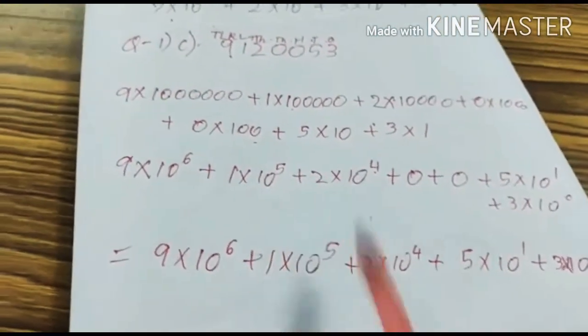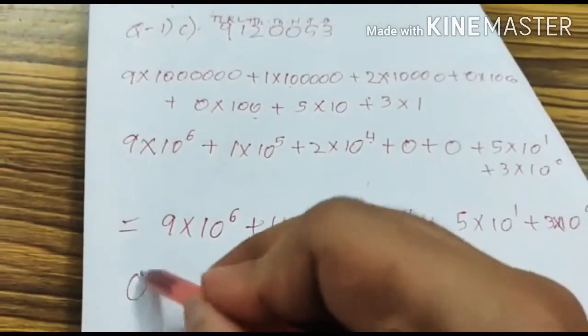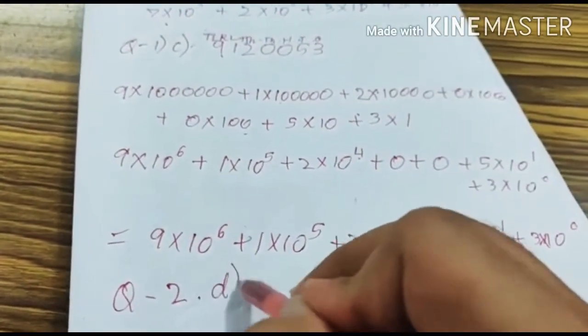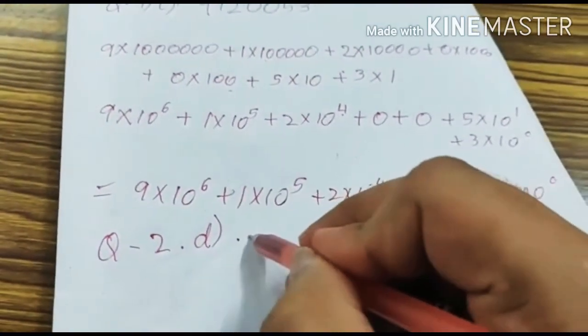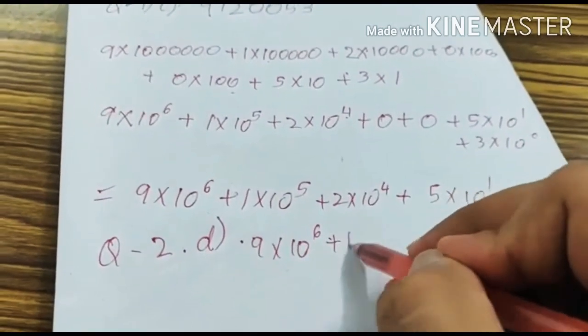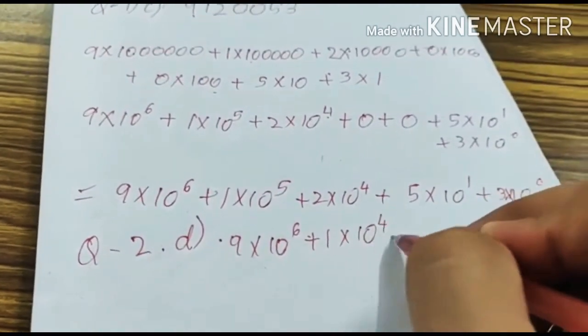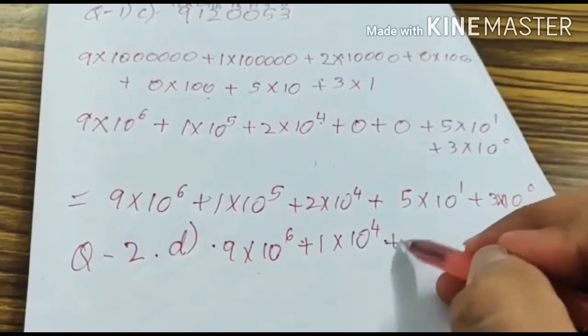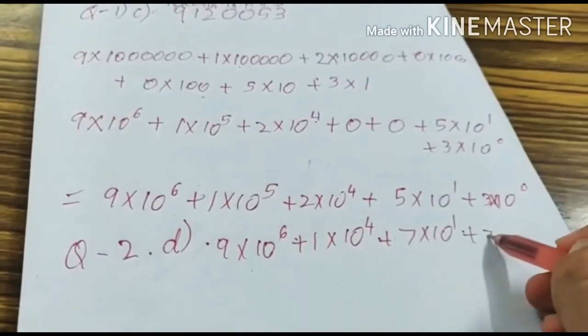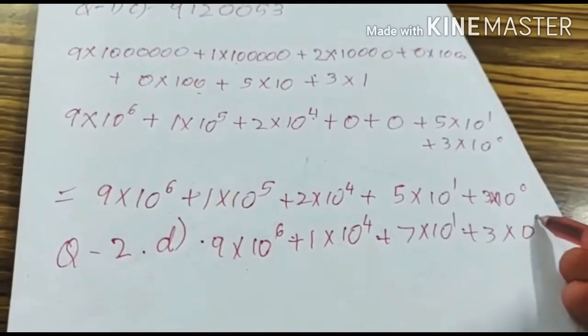Now in question number 2, part D, the question is 9 into 10 to the power 6 plus 1 into 10 to the power 4 plus 7 into 10 to the power 1 plus 3 into 10 to the power 0.